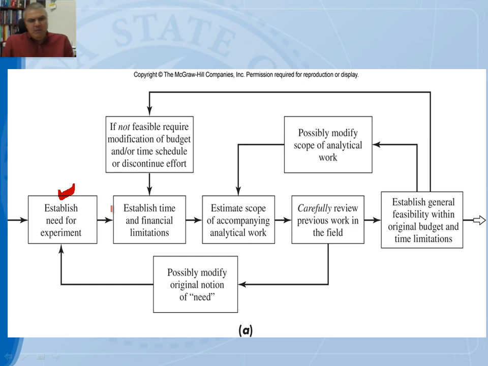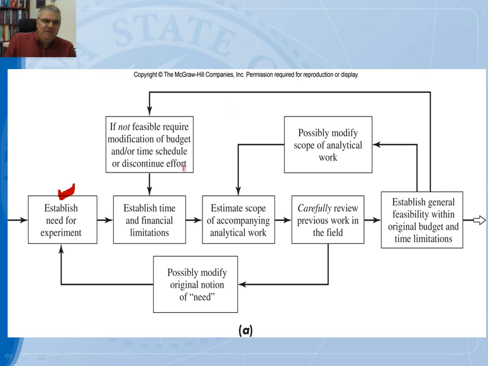So let's say we establish the need for an experiment. Well, obviously we need the financial resources for that. People don't work for free, so there are time and financial resources that need to be identified here. Obviously, with any resources there would be limitations. It's very important to realize.